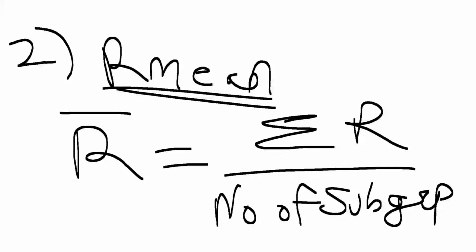Okay, then what is the fourth thing? The fourth thing is to calculate control limits. So we have two types of control limit.